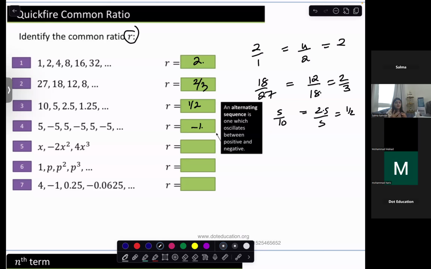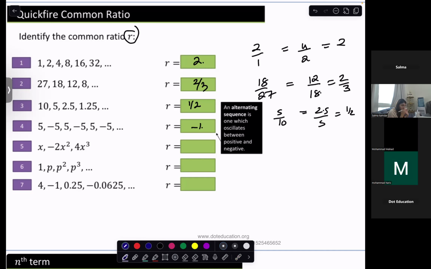So anywhere where the ratio is 1, all the terms of the sequence would remain the same. If the ratio is minus 1, the signs would alternate: positive, negative, positive, negative. It's an alternating sequence.